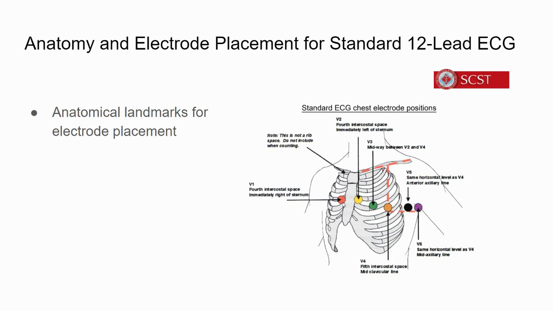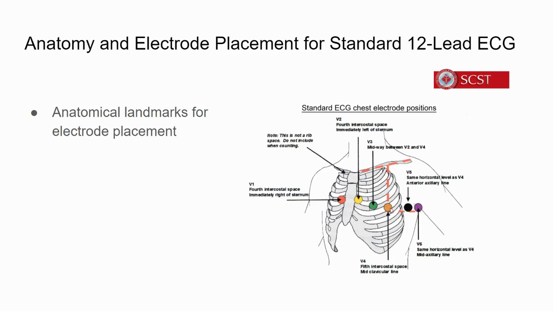We're going to put V1 in the 4th intercostal space, the space between two ribs, just to the right of the sternum. Then V2 will also be in the 4th intercostal space, but immediately to the left of the sternum. We're going to skip V3 and go down to V4, one intercostal space down, mid-clavicular, halfway from the clavicle.